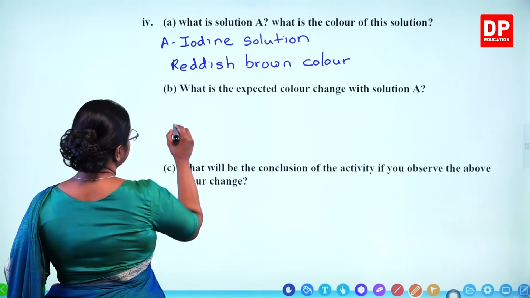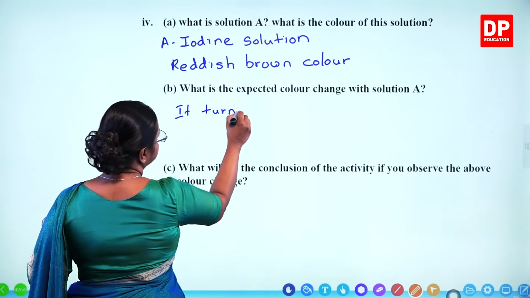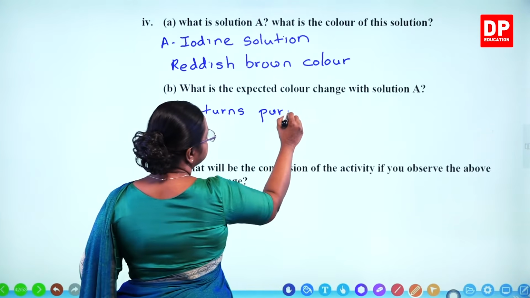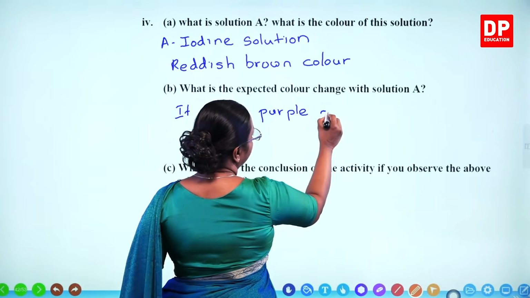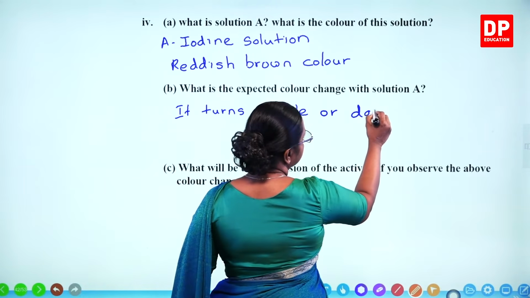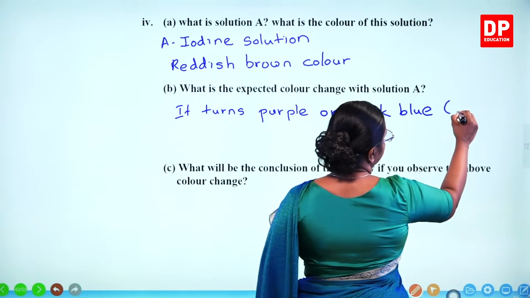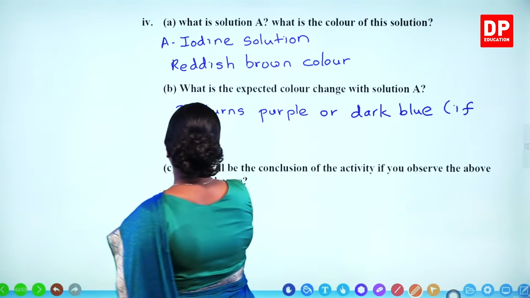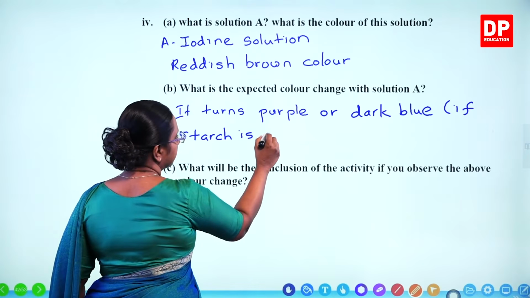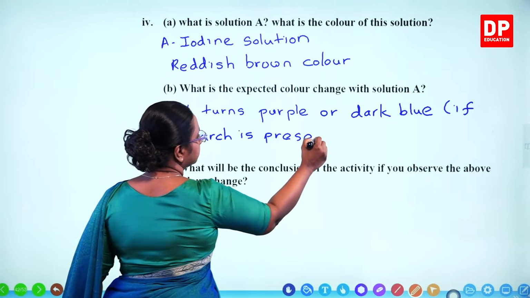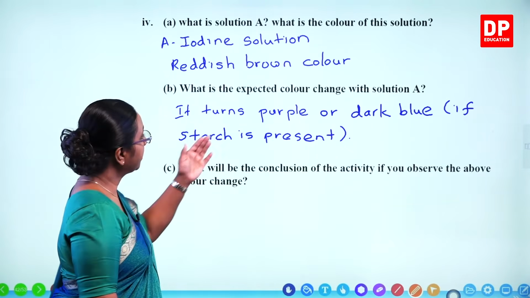So here we can say it turns purple or dark blue. If you want, you can write in brackets if starch is present. That is to confirm your answer and to give more information.